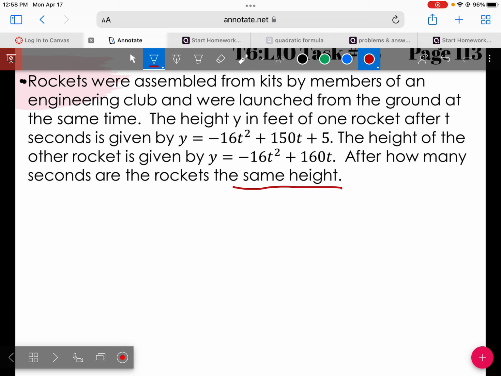If I set y equals negative 16t squared plus 150t plus 5, and instead of saying y equals, I said 0 equals, what is that height? It's 0, okay? And what if I said the other height of the other rocket was also 0? What could we say or put together?